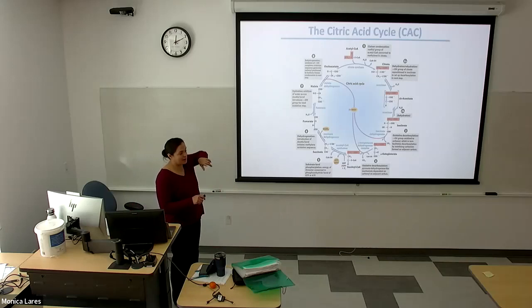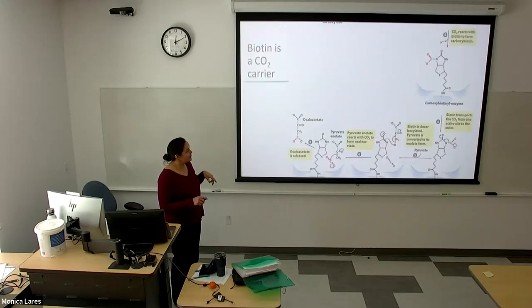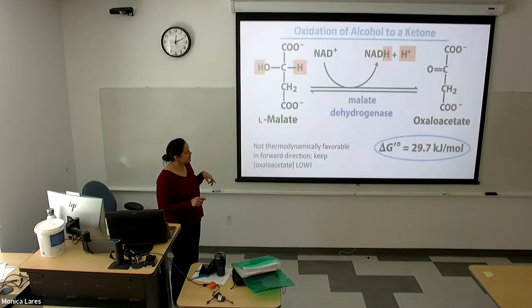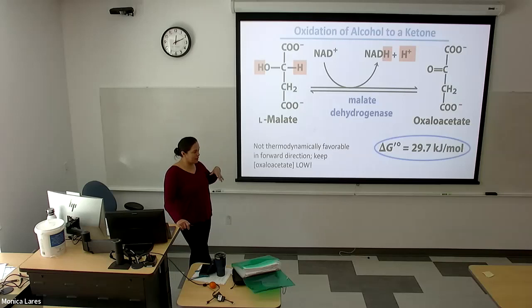And for the last one, from malonyl to oxaloacetate, we see that's a big positive one, right? But again, it has an apostrophe and the knot, so this is under standard conditions. In the cell, this reaction happens, and we can affect the equilibrium by keeping the concentration of oxaloacetate low.